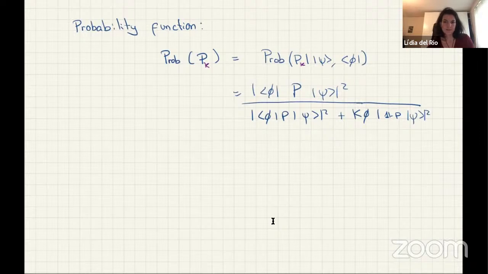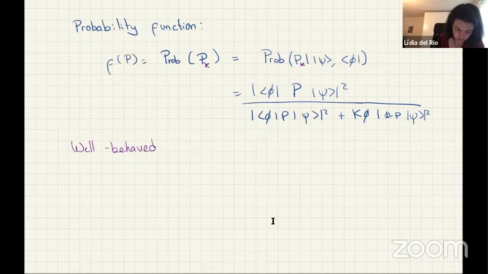And then we ask, does this probability function behave normally? Okay, is it well behaved? And let's just give it a different name. Let's call this f of P. Just well-behaved, f of P is one that satisfies the following conditions.